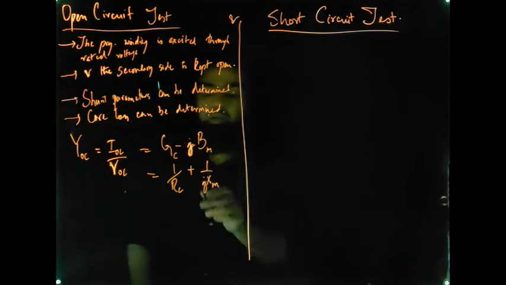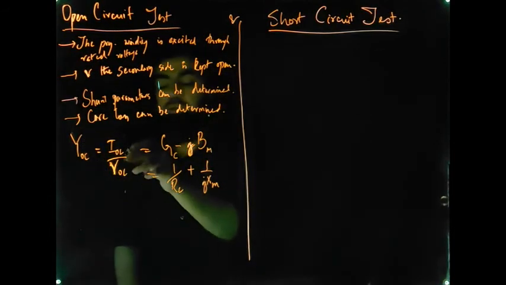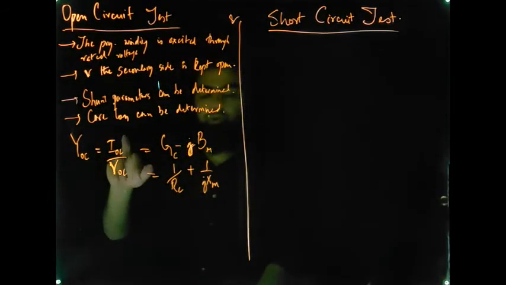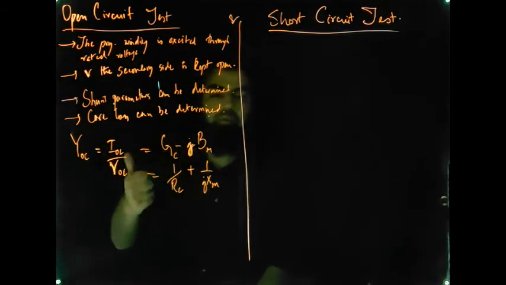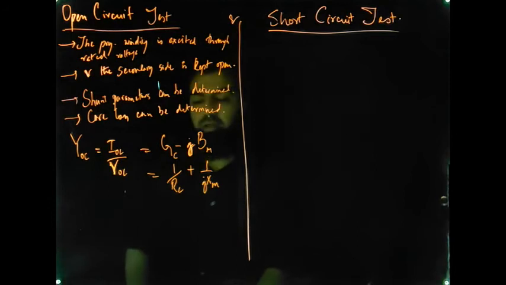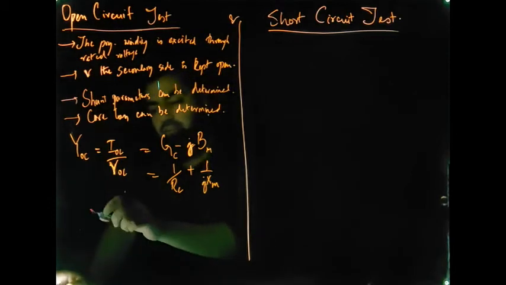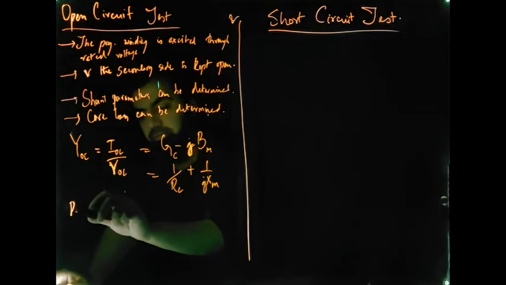Fine. So if we now know the value of IOC and VOC from the measurements we take from the ammeter and voltmeter, we'll get to know the value of this complex admittance, and also we can find out the power factor in the system.